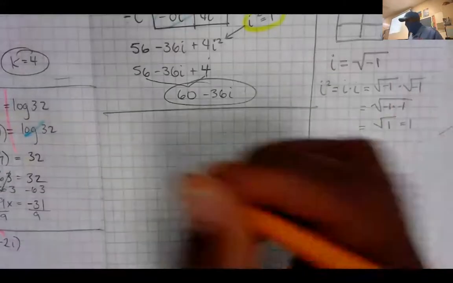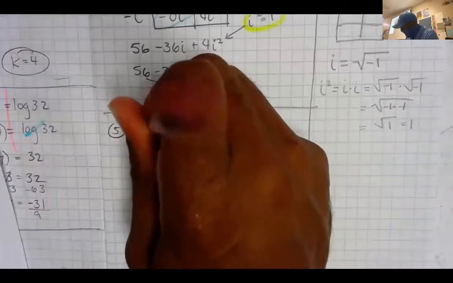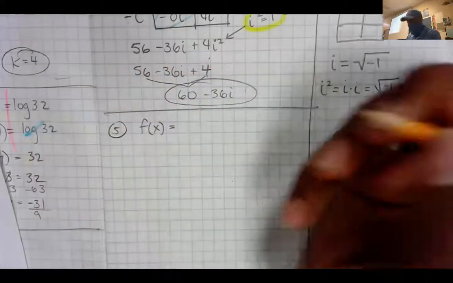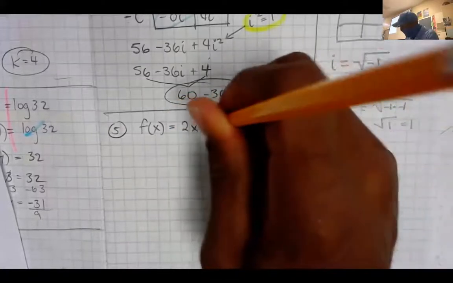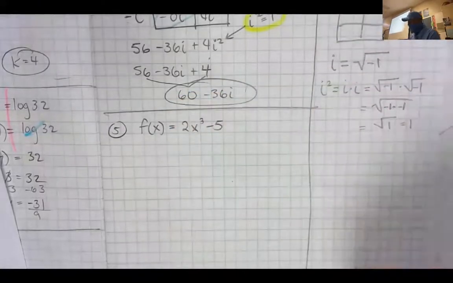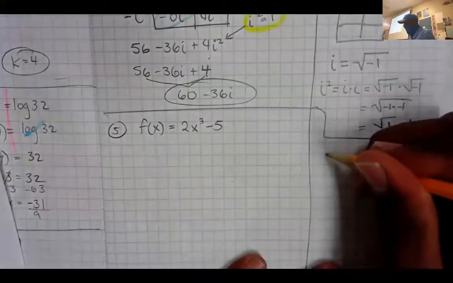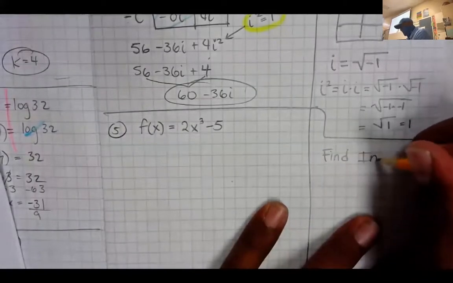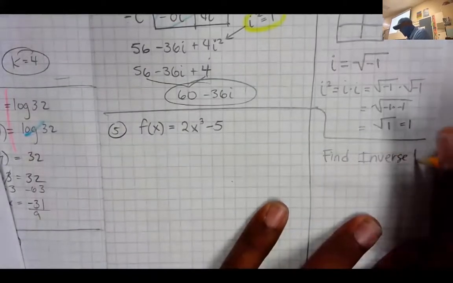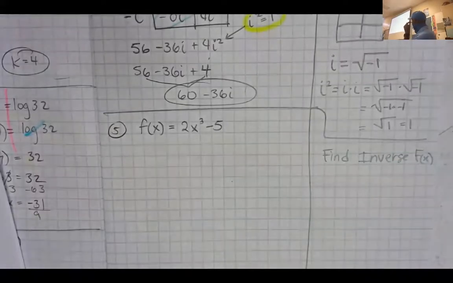Let's say, for example, that the function they give you is f of x equals 2x cubed minus 5. All right, so we're finding the inverse function. I'll just put f of x to represent function.